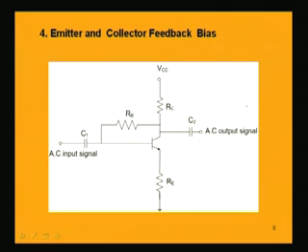So, this is the biasing scheme that, when you apply it to a common emitter transistor amplifier, the whole circuit for this amplifier will be like this. Here we are applying the AC input signal and we will be getting the AC output signal at the output.